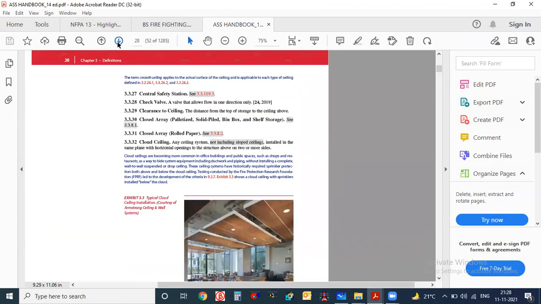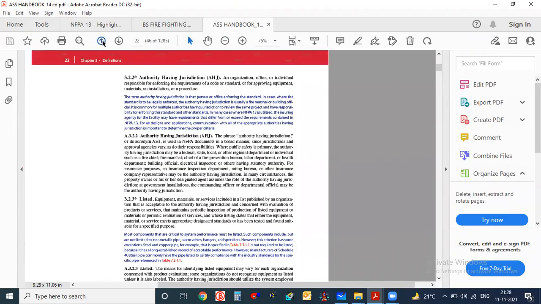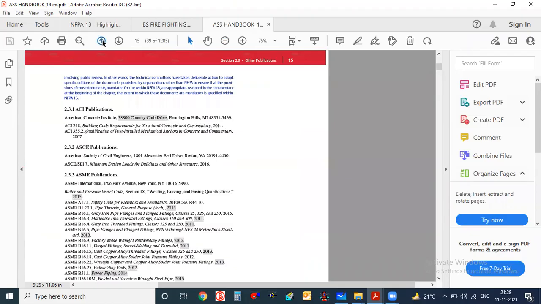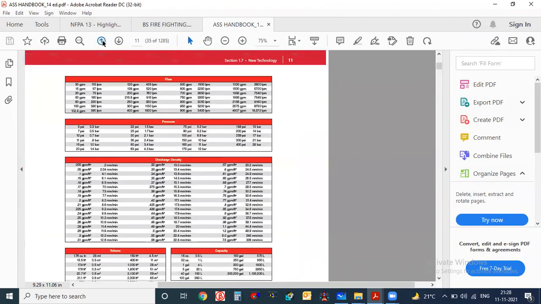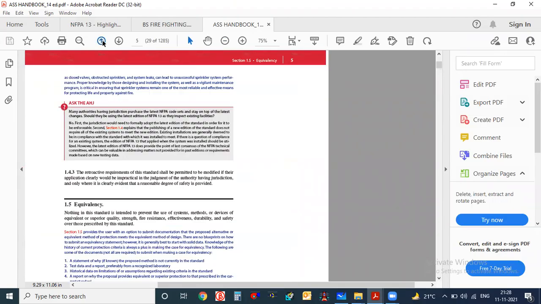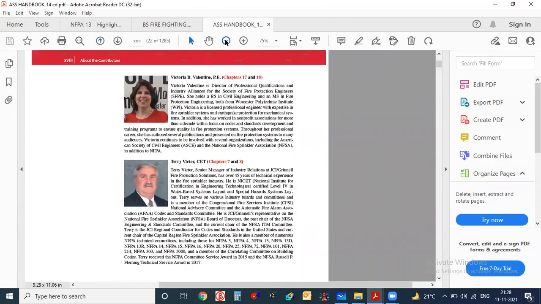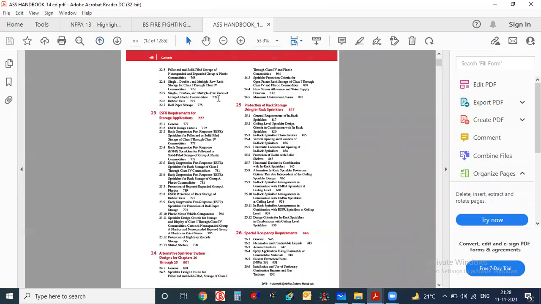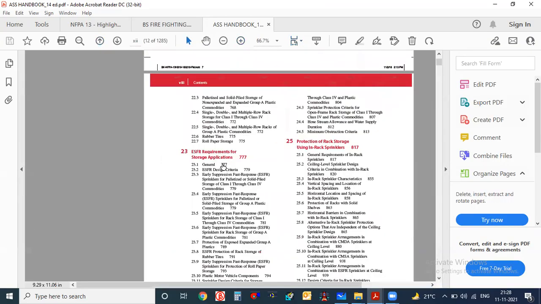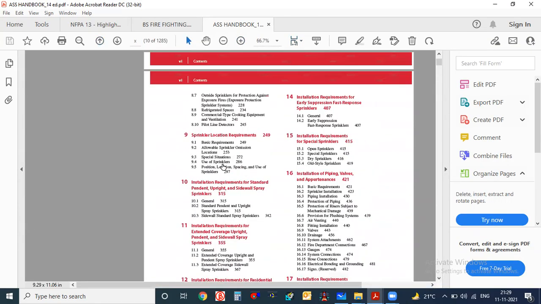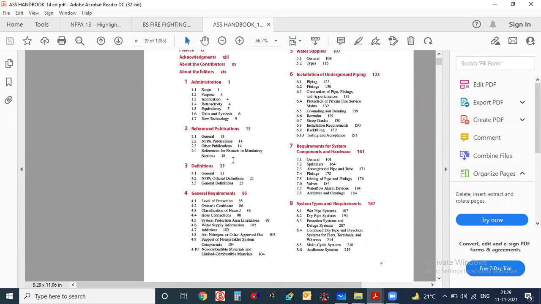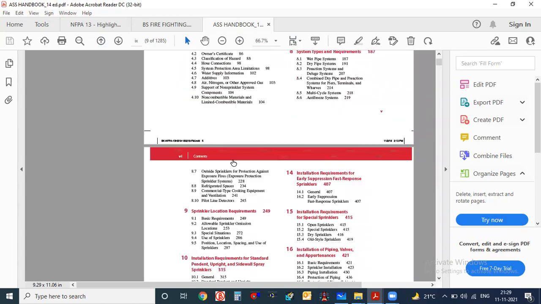Okay, so here you can see all the chapters are exactly the same as whatever is given in NFPA 13. Okay, here they have given the chapters. So almost everything is the same as what we have seen in our NFPA 13, but it is given in a little bit broader way.